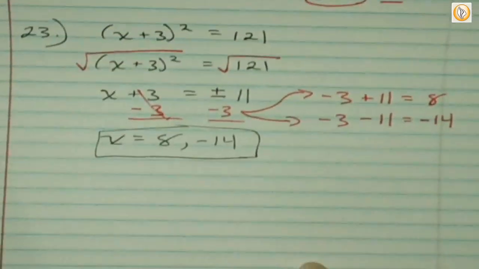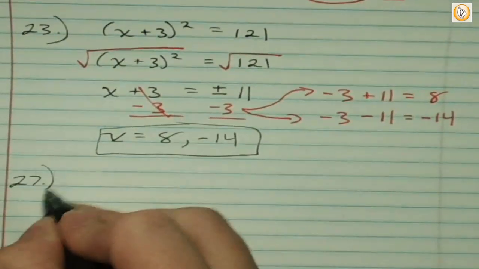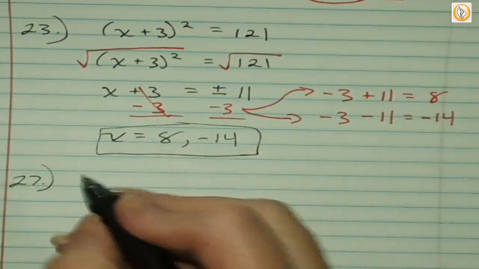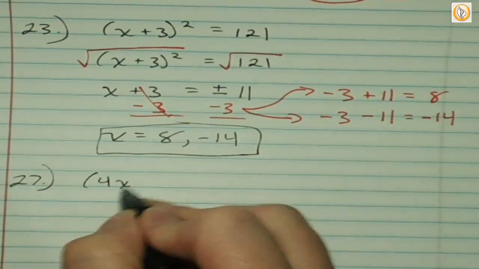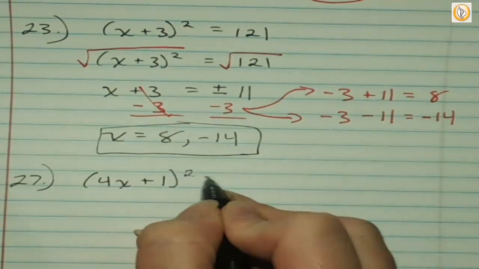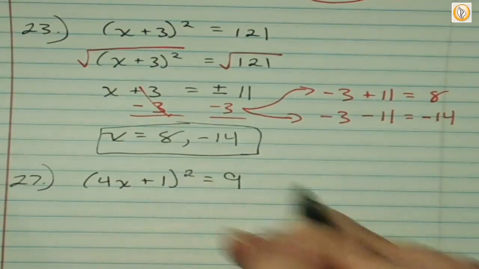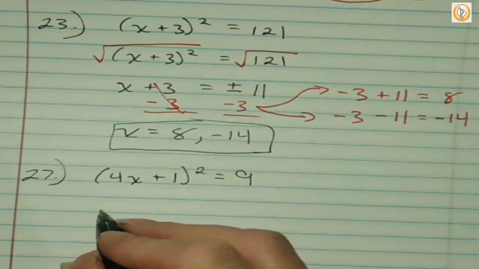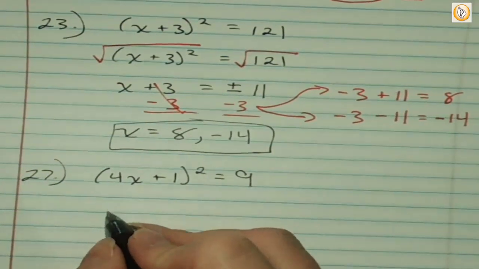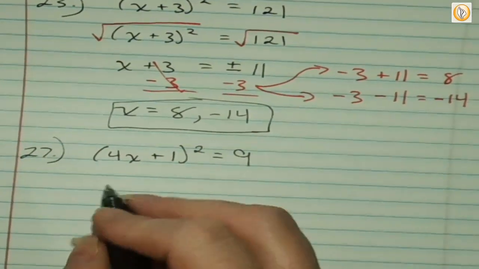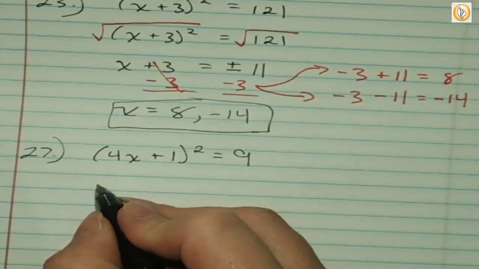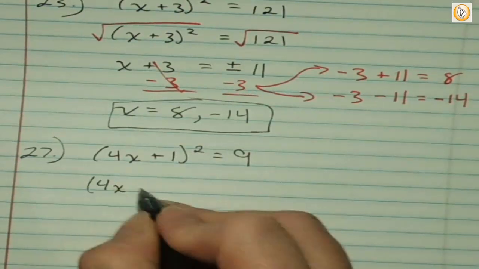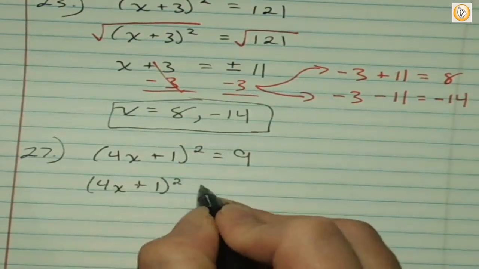I'm going to do one more. Number 27. Aiden hadn't had a turn. 4x plus 1 squared equals 9. Now, y'all pay close attention, okay? You would square root both sides. All right, so I'm rewriting my problem.